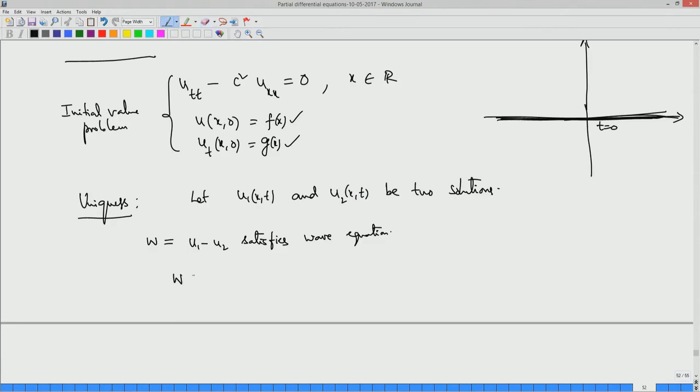So, w at (x,0) is u1 at (x,0) minus u2 at (x,0). u1 at (x,0) is f(x), and u2 at (x,0) is also f(x), because u1 and u2 are two solutions of this initial value problem, the problem star.